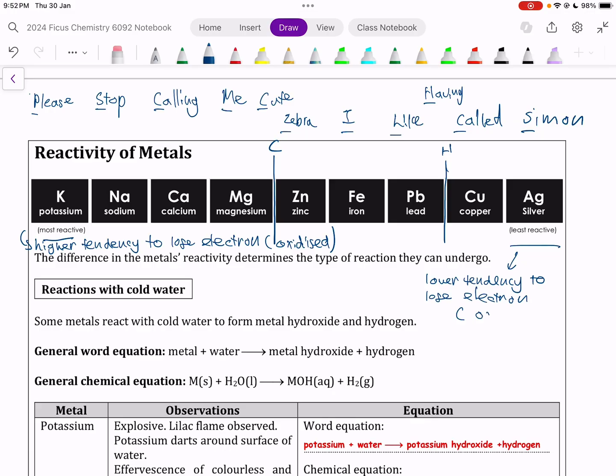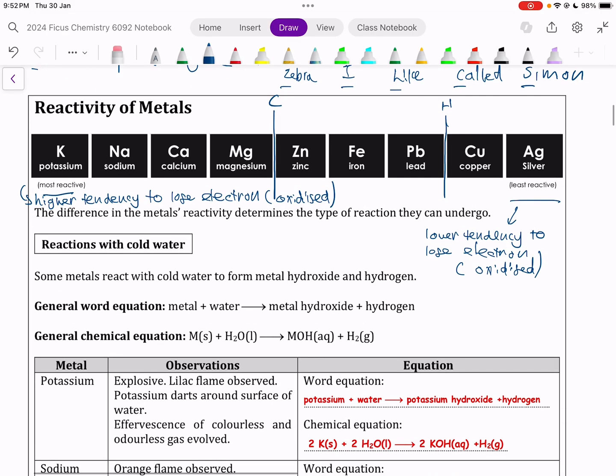So lower tendency to be oxidized, higher tendency to be reduced as an ion. This part is important.